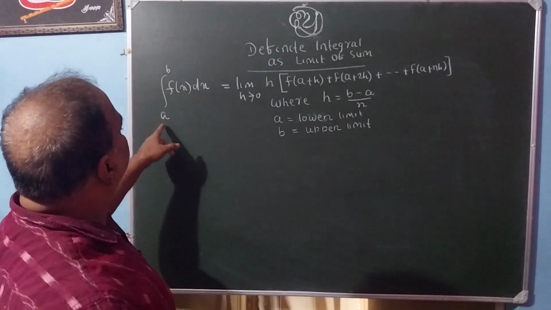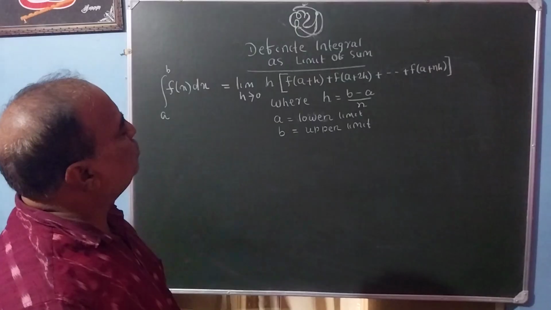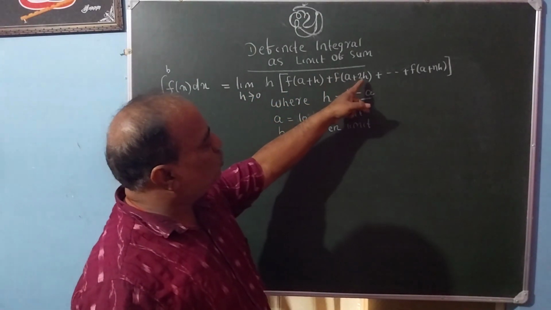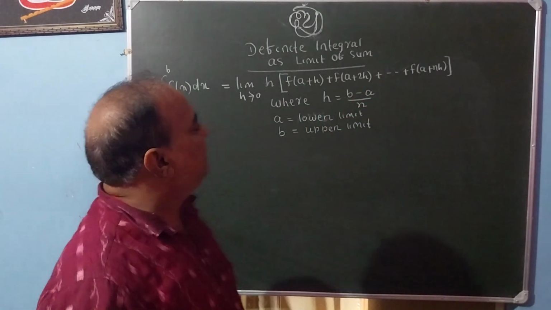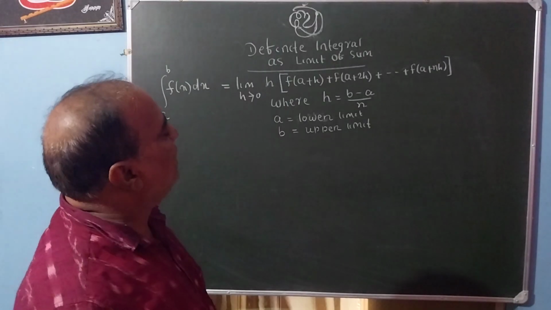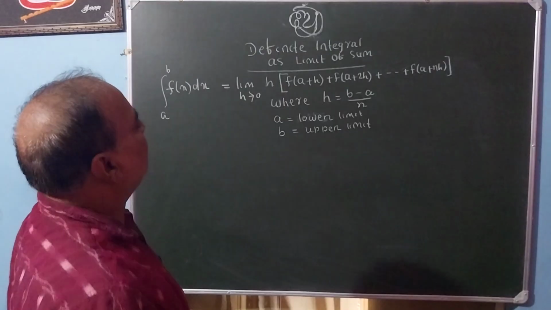So integral of a to b f(x) dx is equal to limit h tends to 0, h into f of a plus h, f of a plus 2h, dot dot dot, f of a plus nh, where h is equal to (b minus a) by n. a is the lower limit, b is called the upper limit.